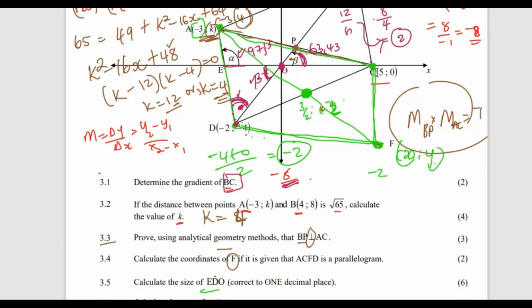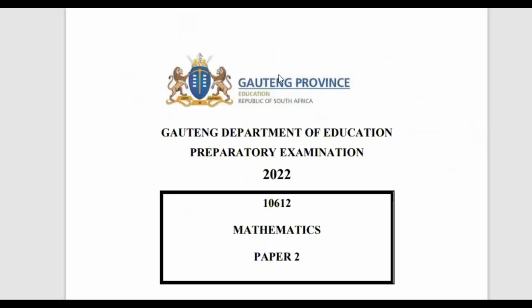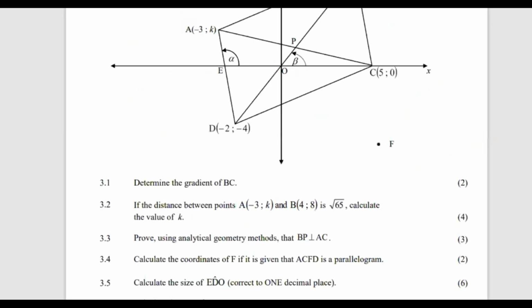Let me just clean up this drawing so that we have a clear view. So they want us to get the area of ADC, so this triangle here.